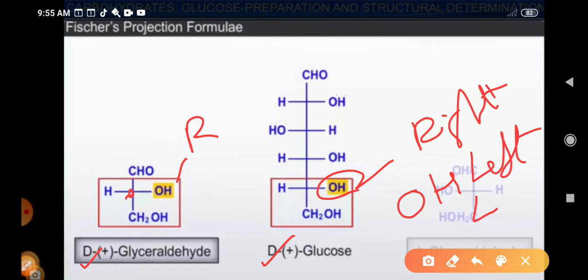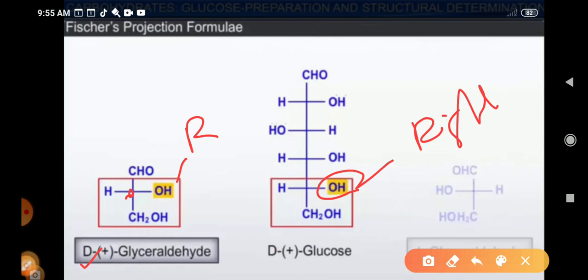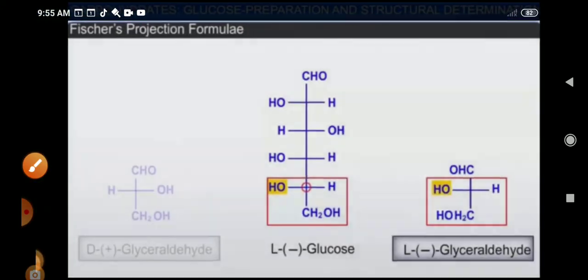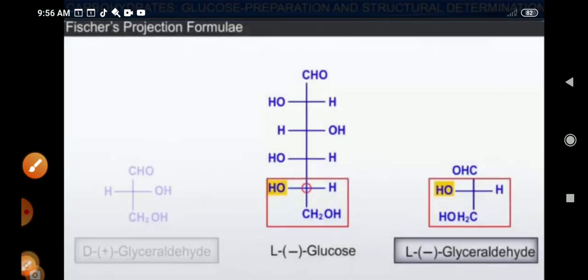Check here, D and L is not related with dextrorotatory and levorotatory. Dextrorotatory and levorotatory nature is represented by plus and minus sign. Here D and L forms show the configuration at the fifth carbon of glucose. Let us take the L structure.